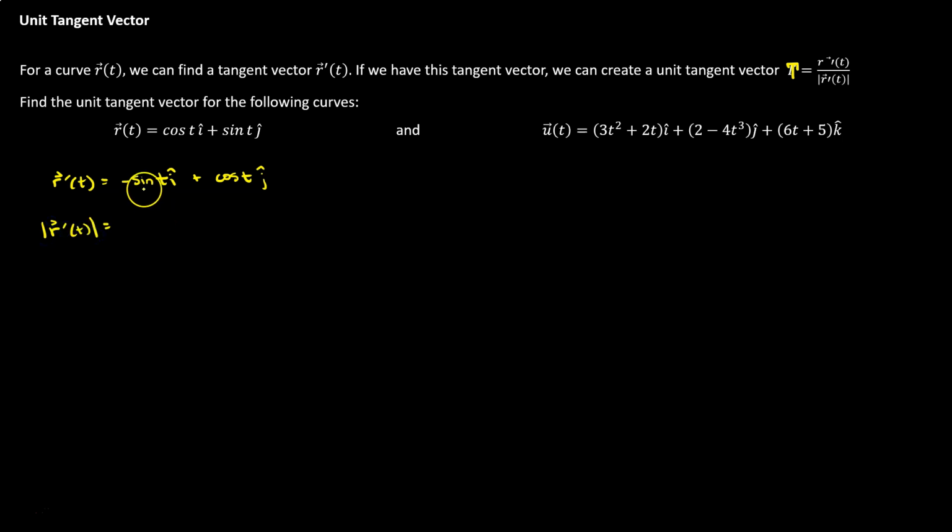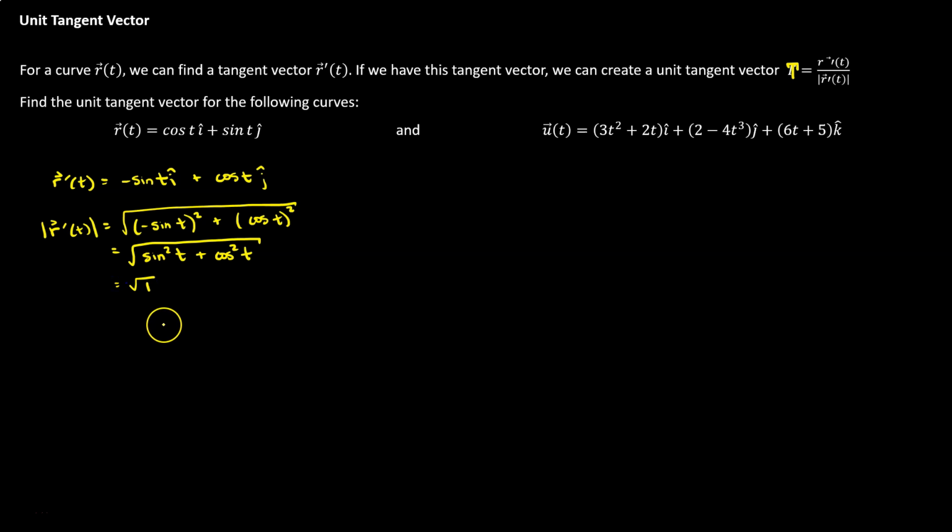So we take each of the component functions and square them, add them together and square root. That gives us positive sine squared t plus cosine squared t inside of a square root. And sine squared plus cosine squared is 1, so we're really looking at the square root of 1.